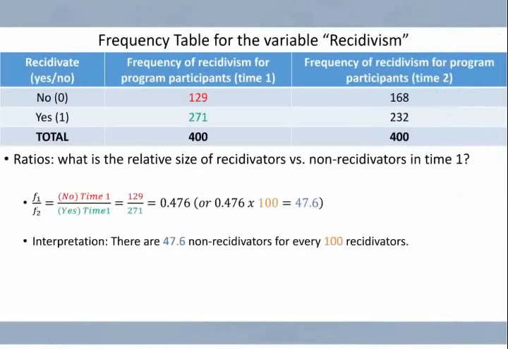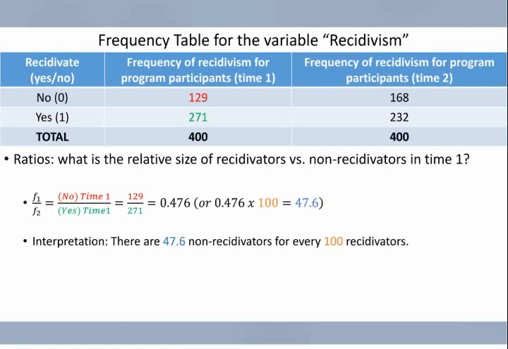Okay, so let's move forward and do an example. So let's look at ratios. Say we're interested in the relative size of recidivators versus non-recidivators in time 1. And again, the numbers here are color-coded, so you can see where the numbers come from. That way you can go back and make sense of this if you need to.